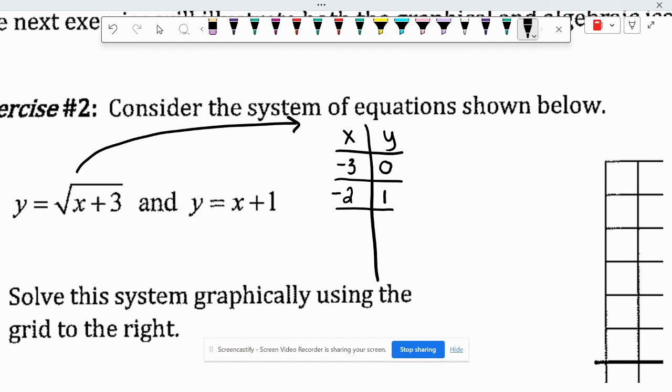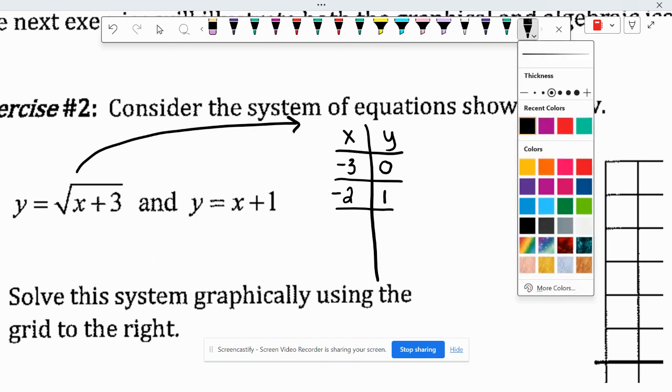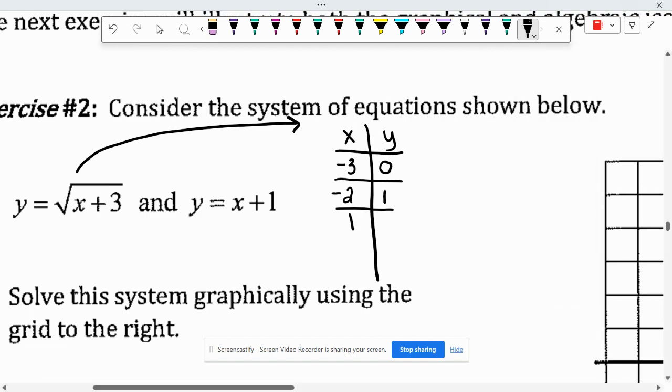Because I want perfect squares under the radical. X plus 3 equals 4. What number plus 3 gives me 4? 1. So if I let x equal 1, I get the square root of 1 plus 3, which is the square root of 4, and that's a nice number.